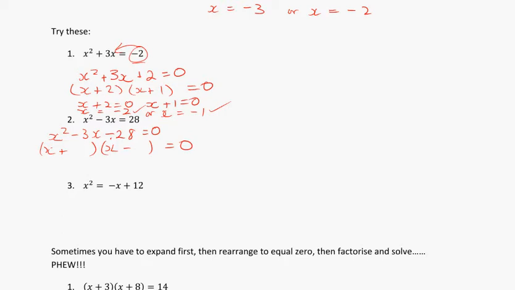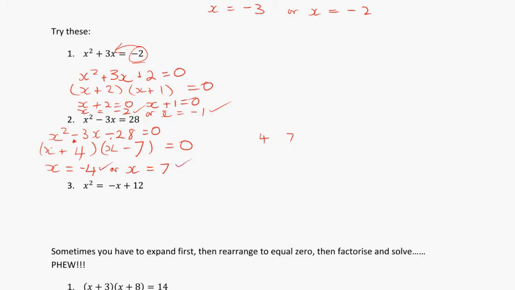Okay, what are we going to use? 4 and 7. Now we're going to look at the sign, we're going to put the big number with the minus. So the 7 goes there and the 4 goes there. So our two solutions, and sometimes you can go straight to your solution, x equals negative 4 or x equals 7. Remember the opposite signs.